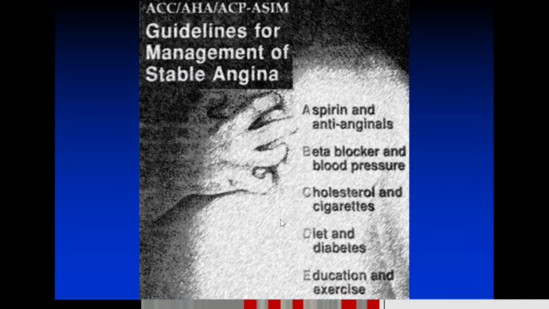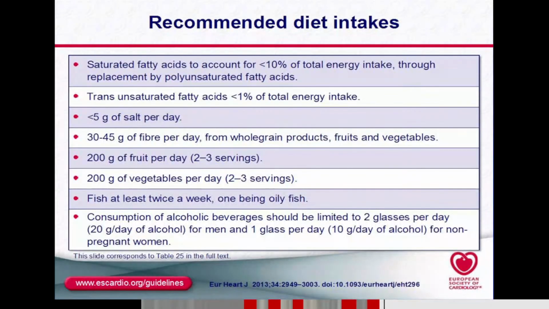The next, C, control of cholesterol level and smoking. The next, D, diet and diabetes. And at last, E, education and exercise. Education means explanation of how to live further, and exercising means how to control physical activity.